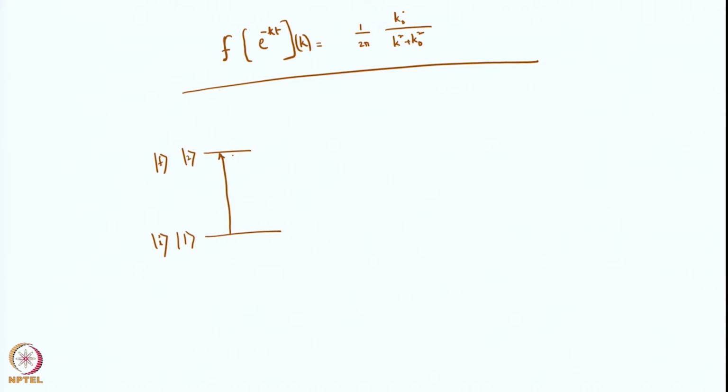What you had initially is some population, let us call it I naught, that is the population of the excited state after the light is switched off.